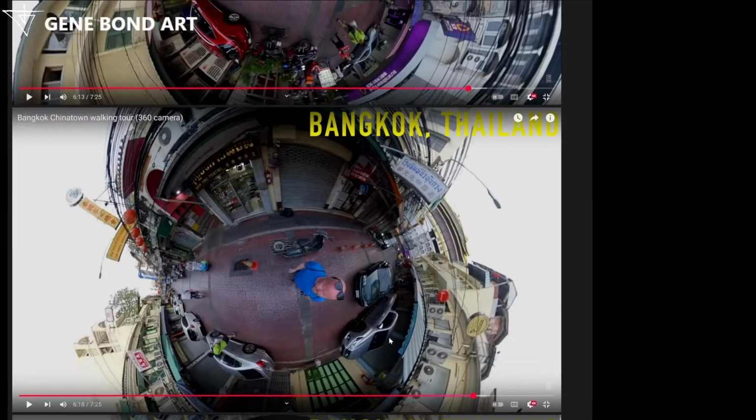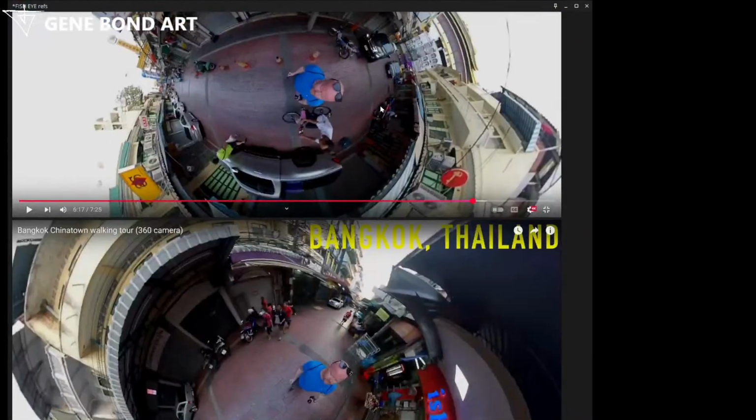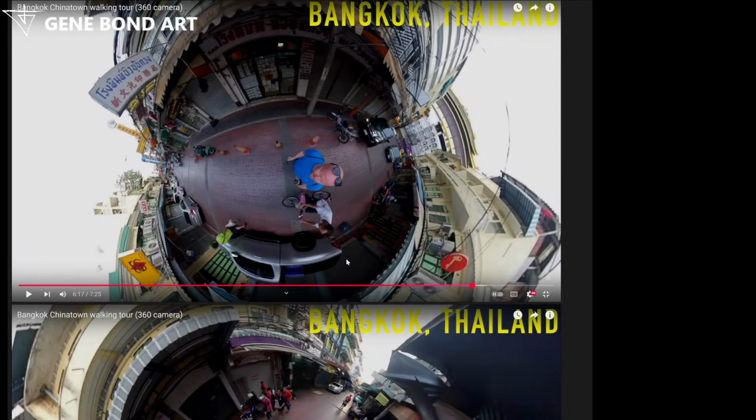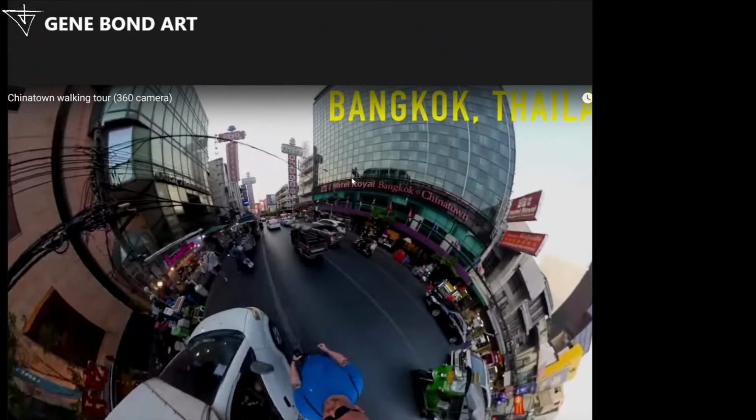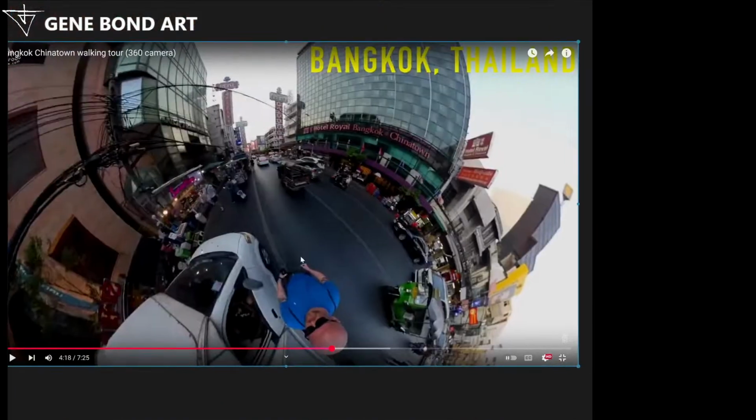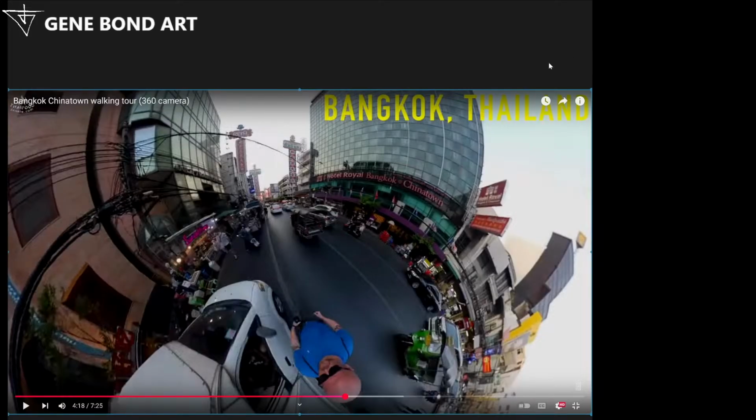So let's say, okay, let's do this. Vertical lines. So it's like the Y vanishing point.